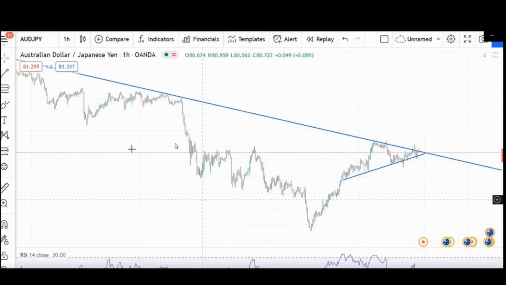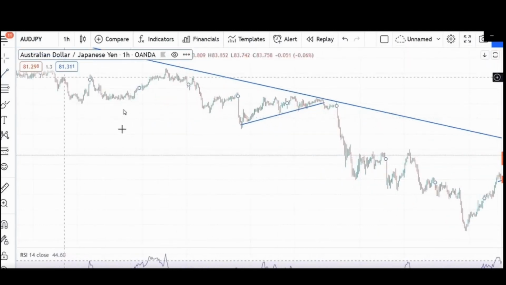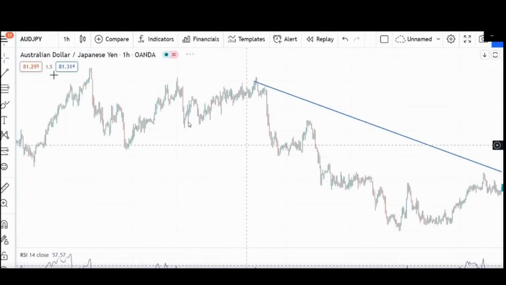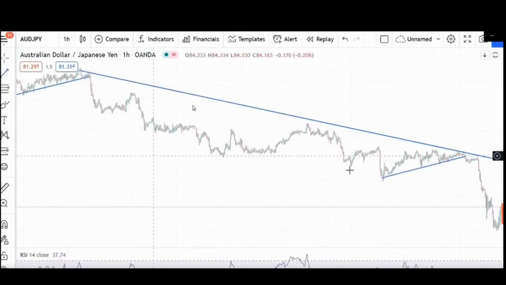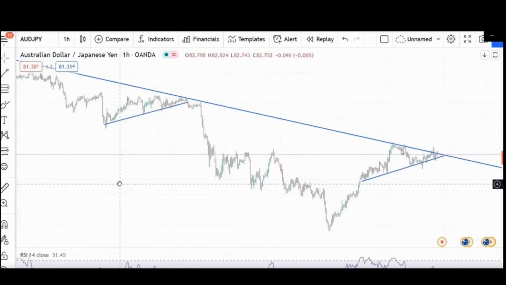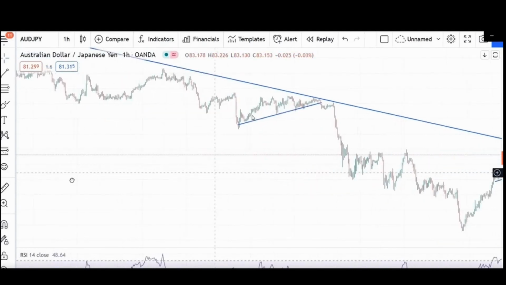If we draw those lines, we always had a little triangle to the trend line, and here as well. Usually once we get to this trend line, within this smaller triangle, we see a break to the downside, and then we continue to go lower.